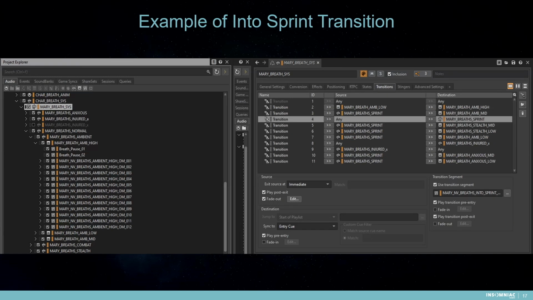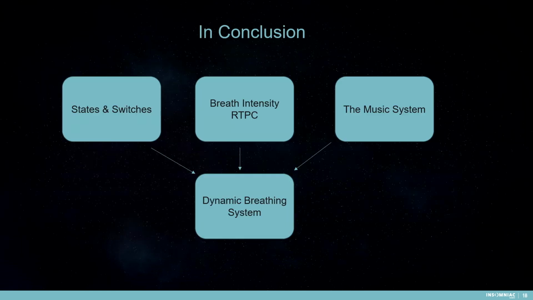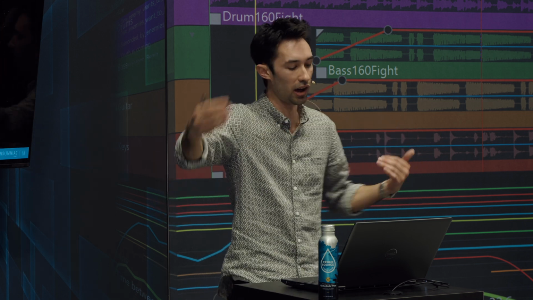So this is the breathing system. There are so many rules that we activated in here. There are so many containers, but really what I want you all to take away from this is these 3 pillars here, and the power of the music system and what it can do for you. Like I said, we have the states and switches. We have if she's in a stealth state, if she's in a combat state.